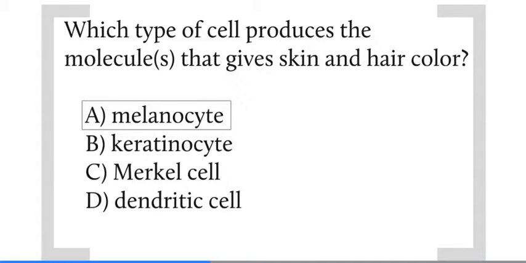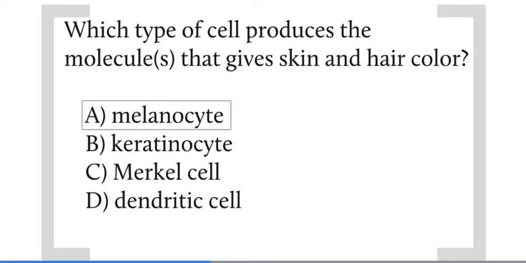The cell that's responsible for producing the molecules making color in the hair and skin is the melanocyte. Now in the question, I've suggested a plural of molecule because in fact there are multiple types of molecules that are made by melanocytes. The molecule is generally referred to as melanin, but there's actually two types.